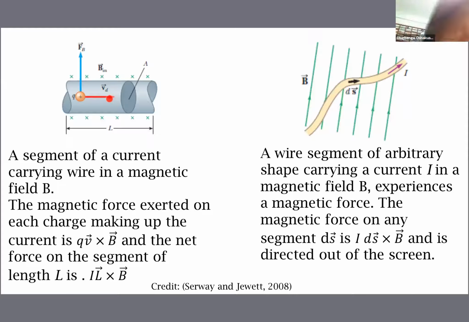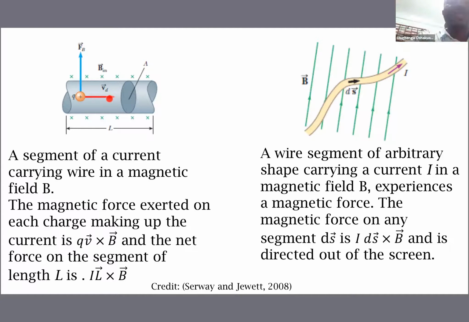So let's say the current is flowing in a direction that is not perpendicular to the magnetic field. What we need to know is the components of that magnetic field that is perpendicular to the direction of current flow, or the components of the direction of current flow that is perpendicular to the magnetic field.